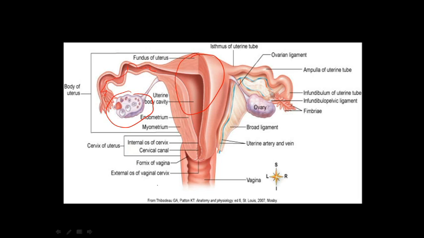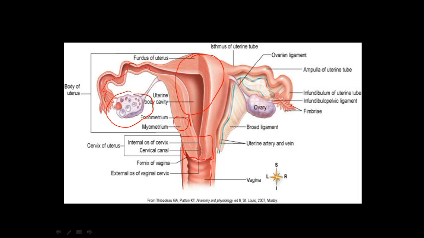And notice you have the endometrium here, the myometrium making a large portion of the outside. And then we have the cervix, which is this area here. And then we have the vagina, completing the rest of the passageway.